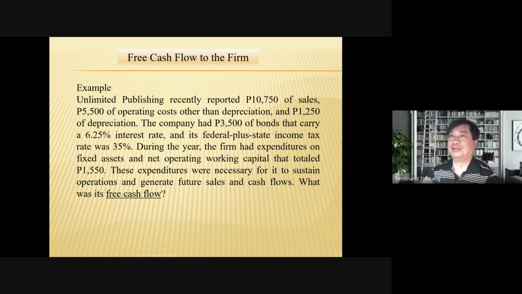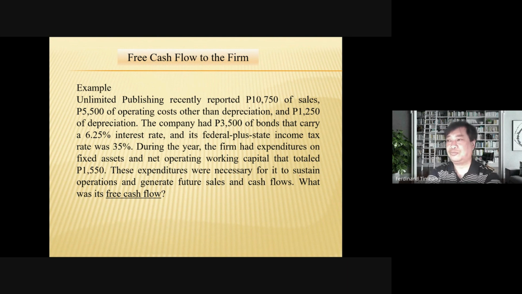Okay, so, example tayo, no? Unlimited Publishing recently reported 10,750 of sales, 5,500 of operating costs other than depreciation, and 1,250 of depreciation. So the company had 3,500 of bonds that carry a 6.25% interest rate, and its federal plus state income tax rate was 35%.